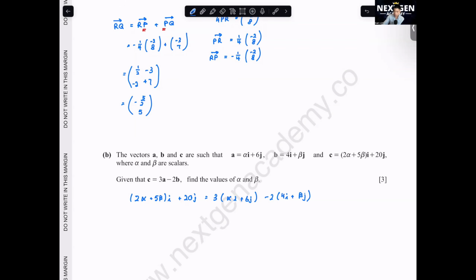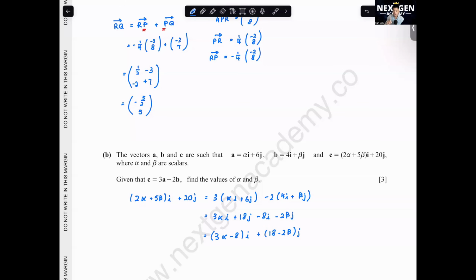We want to open up the right hand side and then gather all the i and the j's into one bracket. 3 alpha i plus 18j minus 8i minus 2 beta j. We got this i and i, we factorize it, put into one bracket. 3 alpha minus 8, bracket this, i, plus 18 minus 2 beta, j.